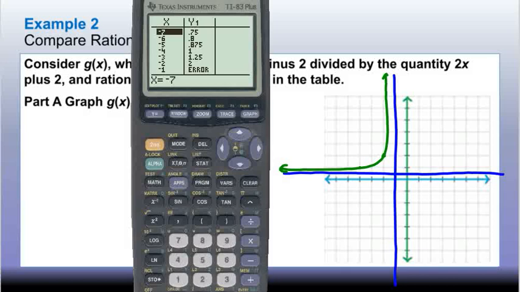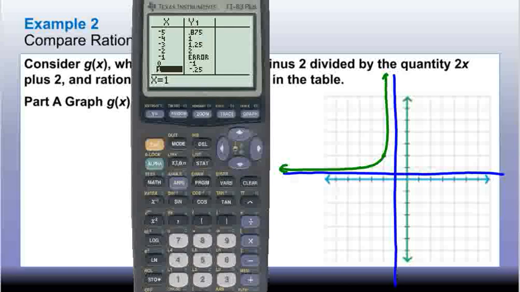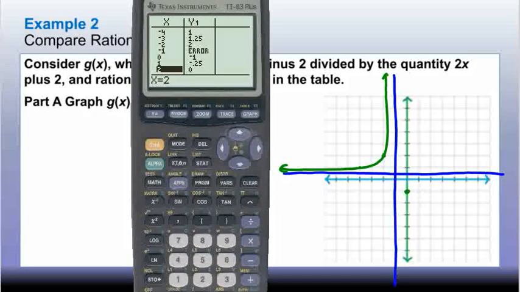And then if we did the other side of negative 1, so 0, negative 1. So 0, negative 1 would be here. And we have 2, 0. 4 and 0.2, so we can just start drawing this direction. So that's g of x.